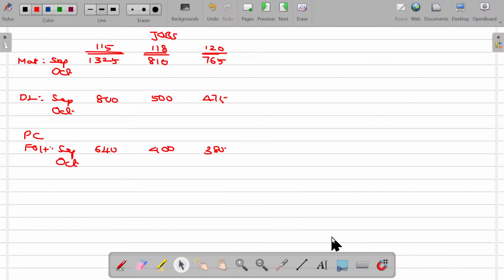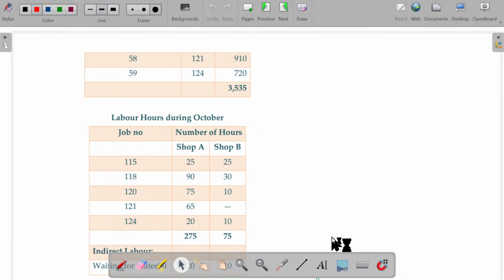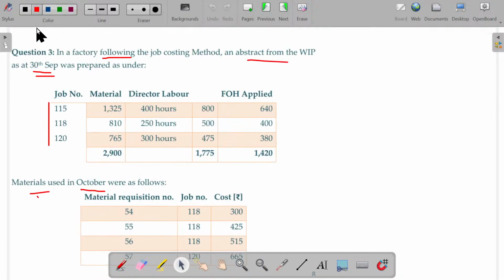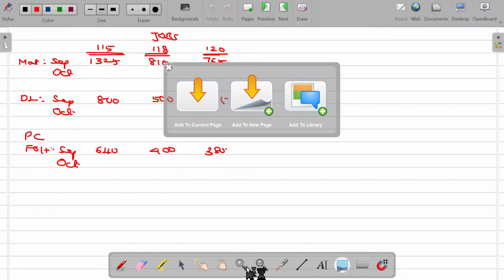Now, we'll deal with the material here. Material cost used in or spent in October.